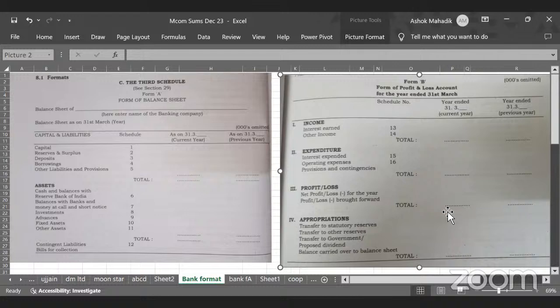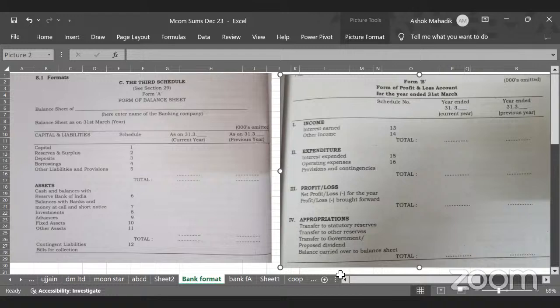Then whatever total profit we have, what we do with that is called appropriations. In the sum, they will tell you what to do with the profit. The first one is transfer to statutory reserve. You must transfer a minimum of 20%, and RBI has suggested that you can transfer up to 25%. It is up to you; you can take any percent.